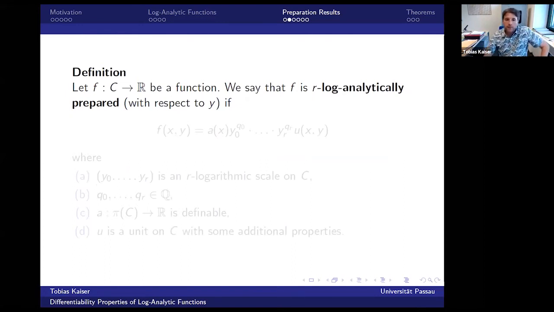And if I have a function f on C, we say that f is R-log-analytically prepared with respect to the variable y if I can write f(x,y) as a product where the first factor is a function depending only on x, then a monomial, so here the logarithmic scale with some powers, and here a unit.